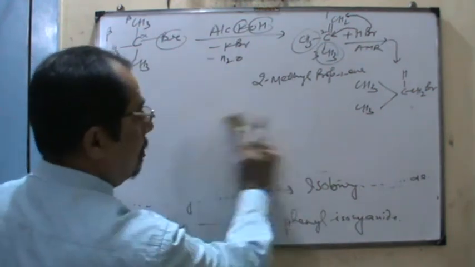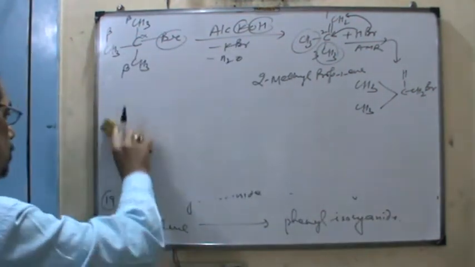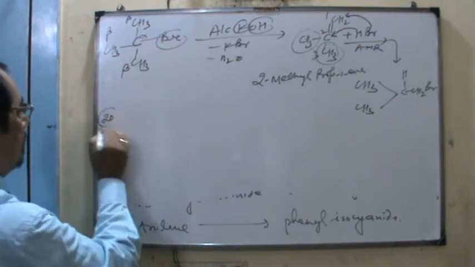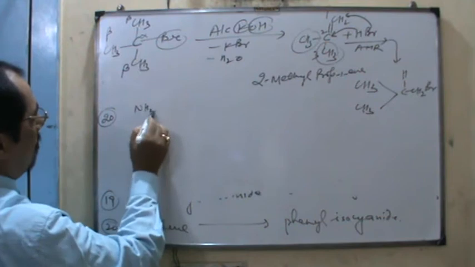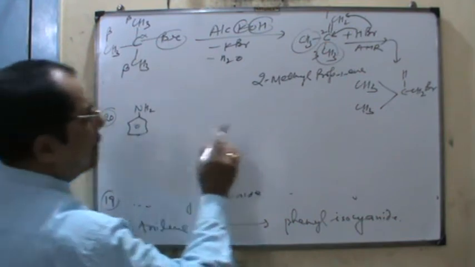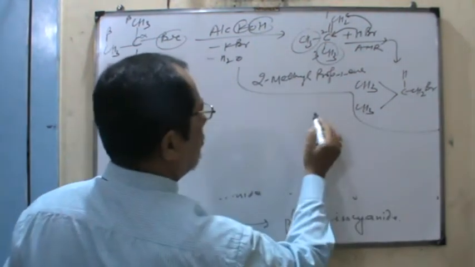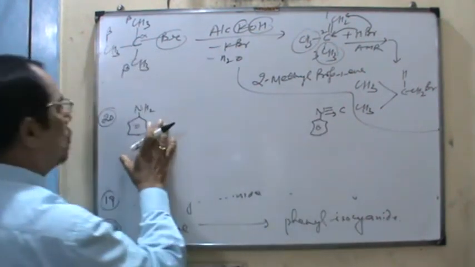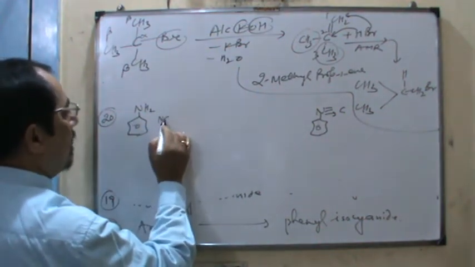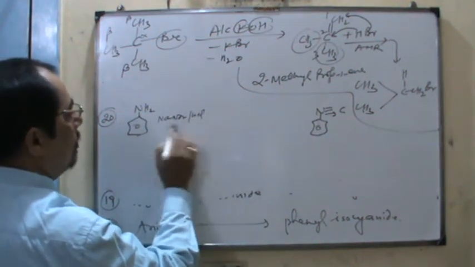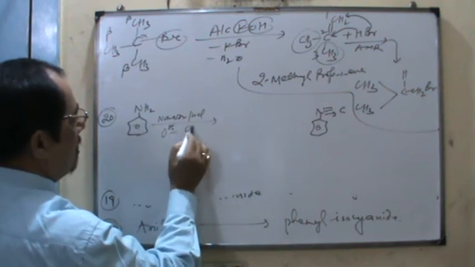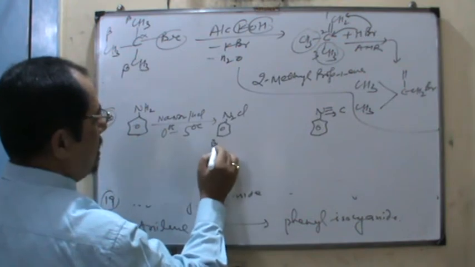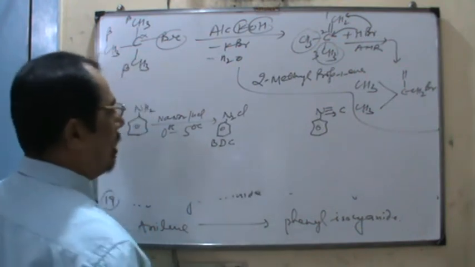And the last question, 20th question of this chapter, is aniline to phenyl isocyanide. Once you get the aniline, then it is the phenyl isocyanide. So aniline, whenever diazotization reaction, NaNO2 and dilute HCl at 0 degree Celsius, say 5 degree Celsius, forms BDC, benzene diazonium chloride.